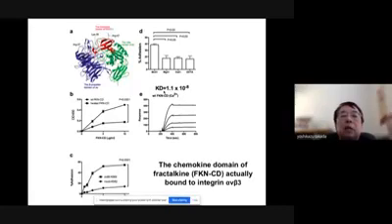Calcium is supposed to reduce integrin affinity. But still, if we activate and measure this KD at the very active conformation, this goes up to 10 to the minus 10. It's a very high affinity interaction.